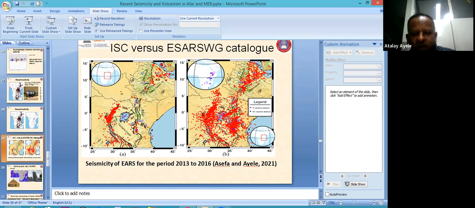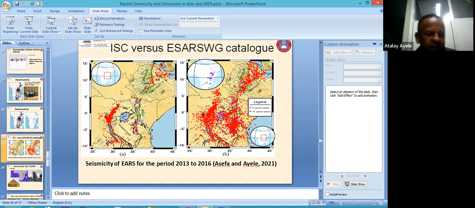If we were to have a better station distribution and better capacity, we could have come up with more detailed features and characterized the East African Rift better. The conclusion here is that from only the PDE of the USGS and the ISC compilation, one would say that the East African Rift is not seismically active, but that's not the case, as we can infer from this figure.